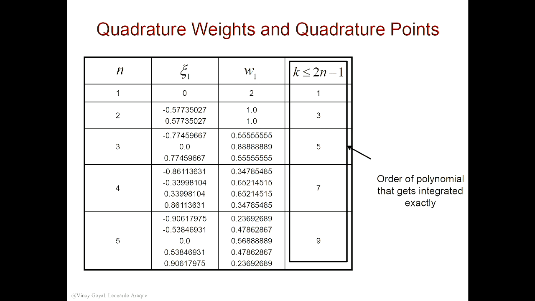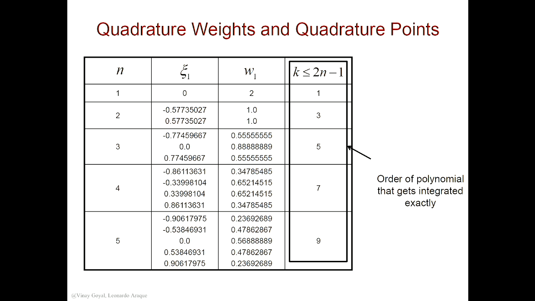The quadrature points can be found in this table. For 1 quadrature point, you'll evaluate the phi function at 0, and the weight is 2. For 2 points, the points will be these values, and the weight is 1. And this is exact up to this polynomial degree.